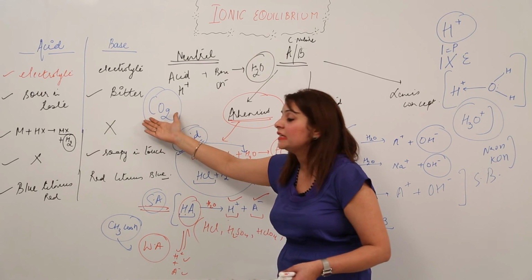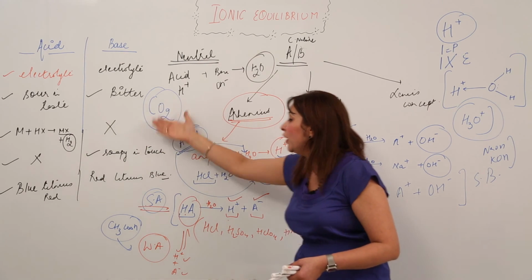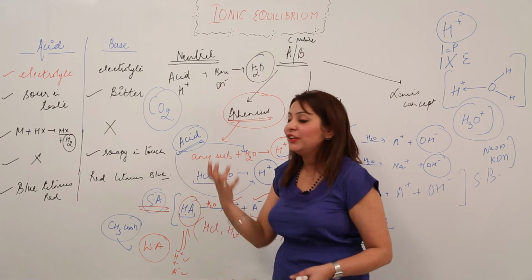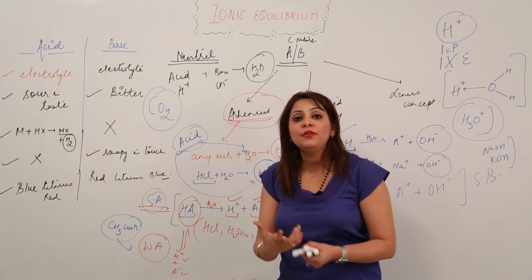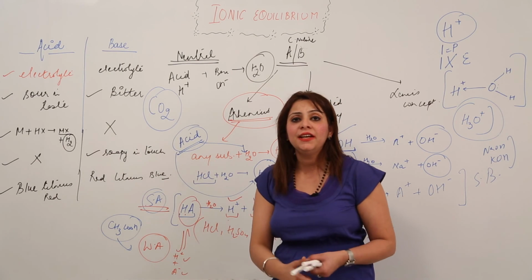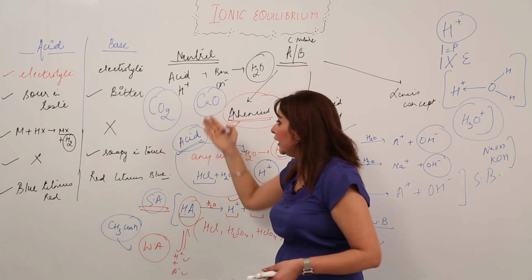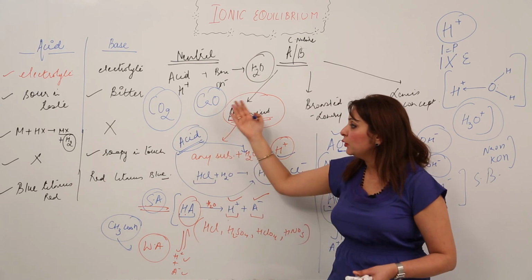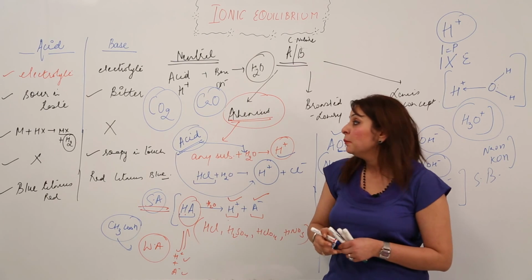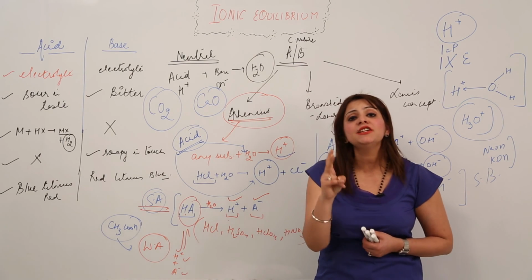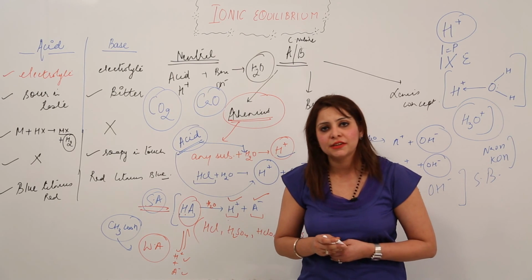It possesses neither the H ion nor the OH ion. So from where did the nature come? Similarly, take the case of calcium oxide. Here also I am not able to see a hydrogen or hydroxide ion, but we know that CaO is basic in nature. So this is the second limitation which he failed to answer, right?